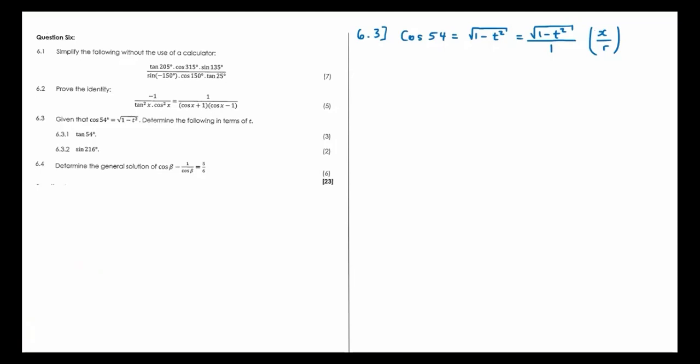And then now I'm going to go and sketch my triangle there. So my triangle is in the first quadrant, like that. It's always going to be in the first quadrant when you're given numbers like that. When you're given an angle that is less than 90, it's going to be there. So okay, here I have my 54, right?